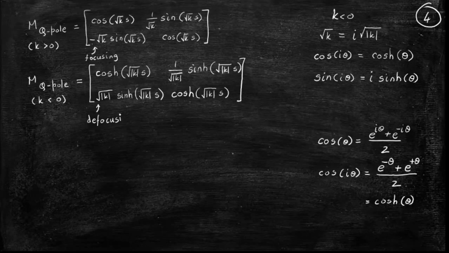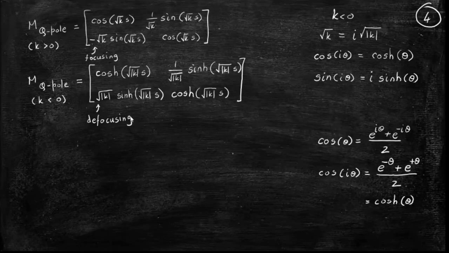Agreed? Yes? Yes, sir. This is the basic expression for the transfer matrix for a quadrupole. If it is a focusing quadrupole, you use the upper expression. If it's a defocusing quadrupole, you use the lower expression.